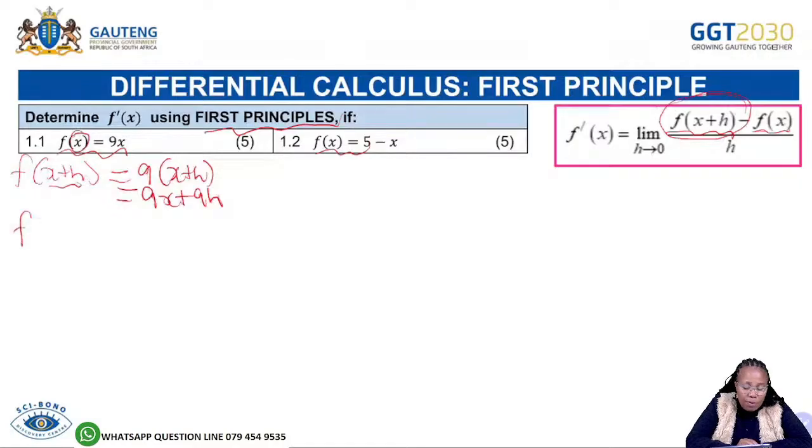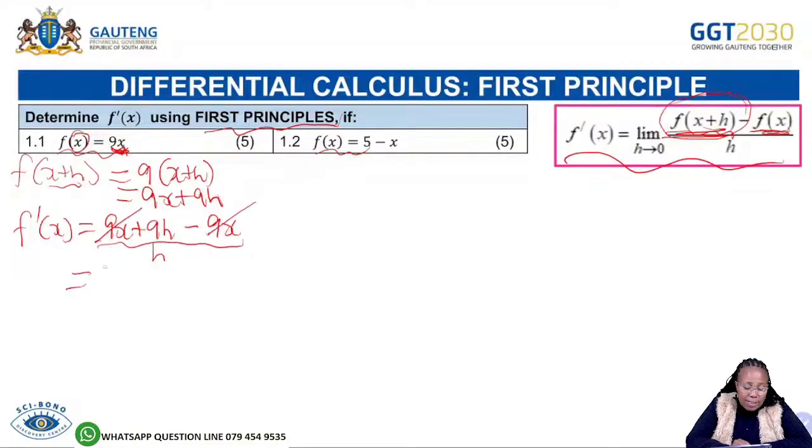So into the formula, f derivative of x, substitute f at x plus h, 9x plus 9h, minus f at x, which is minus 9x. We don't put a bracket because it's only one term. If it's more than one, please bring in a bracket, over h. 9x minus 9x, we are left with the limit of h approaching 0 of 9h over h.